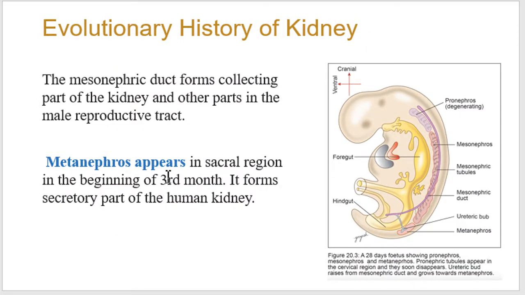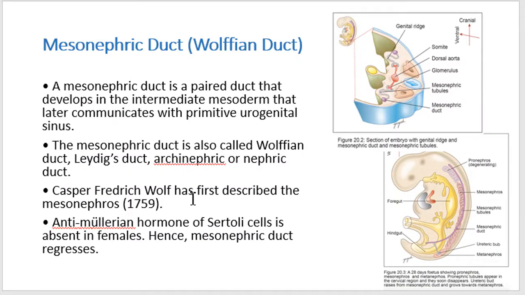The metanephric kidney develops in the sacral region, and it is functional in the human being. The pronephric kidney is present in cyclostomes, the mesonephric kidney in fishes, and in amniotes the metanephric kidney is present.